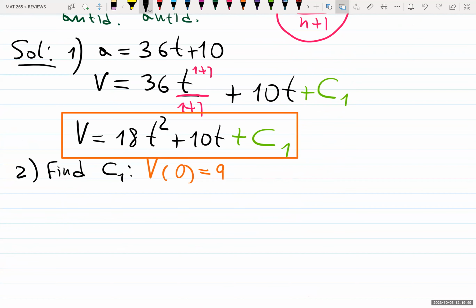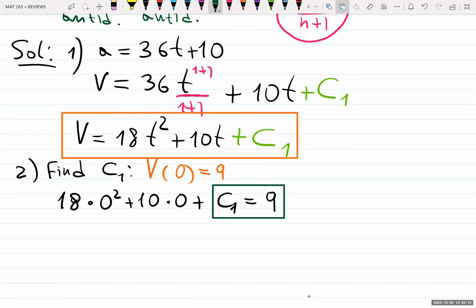Plug in 0 and set it equal to 9: 18 times 0 squared plus 10 times 0 plus C1 equals 9. This is a lucky case where C is just that number, 9. It's not always the case, so be careful with that. Don't always assume. But because everything else is 0, C1 equals 9.